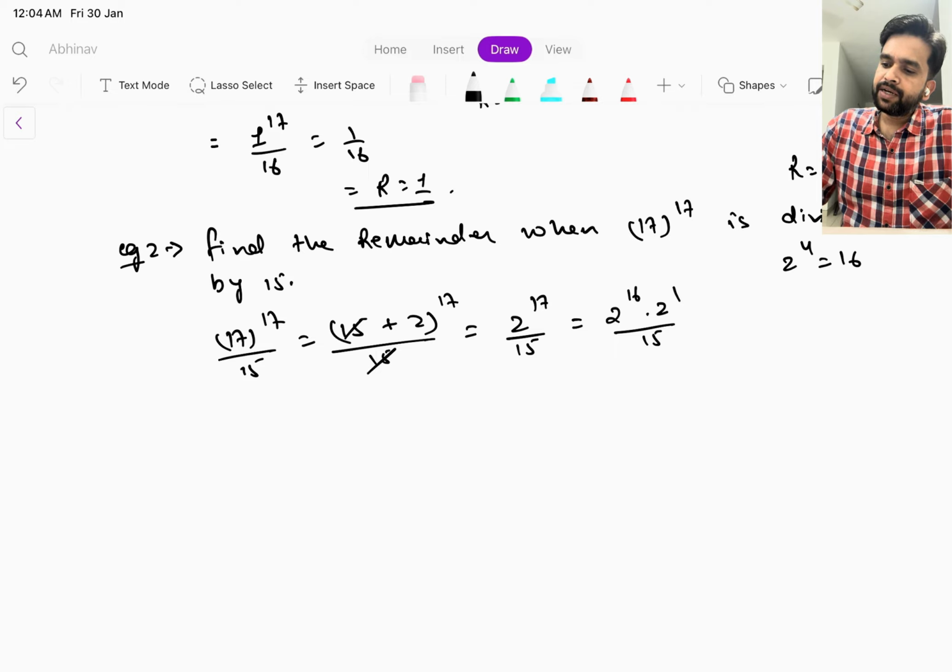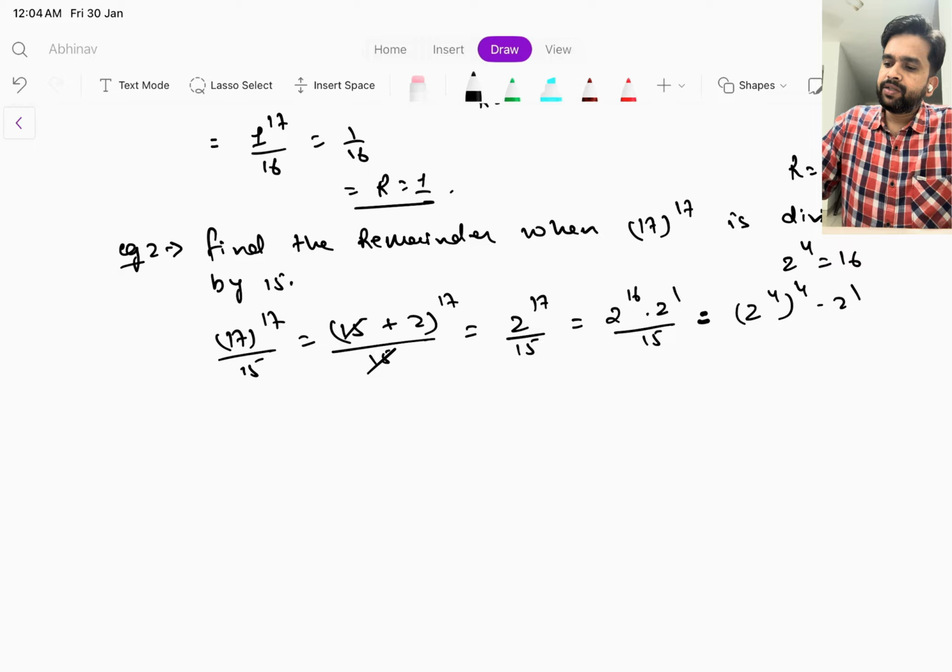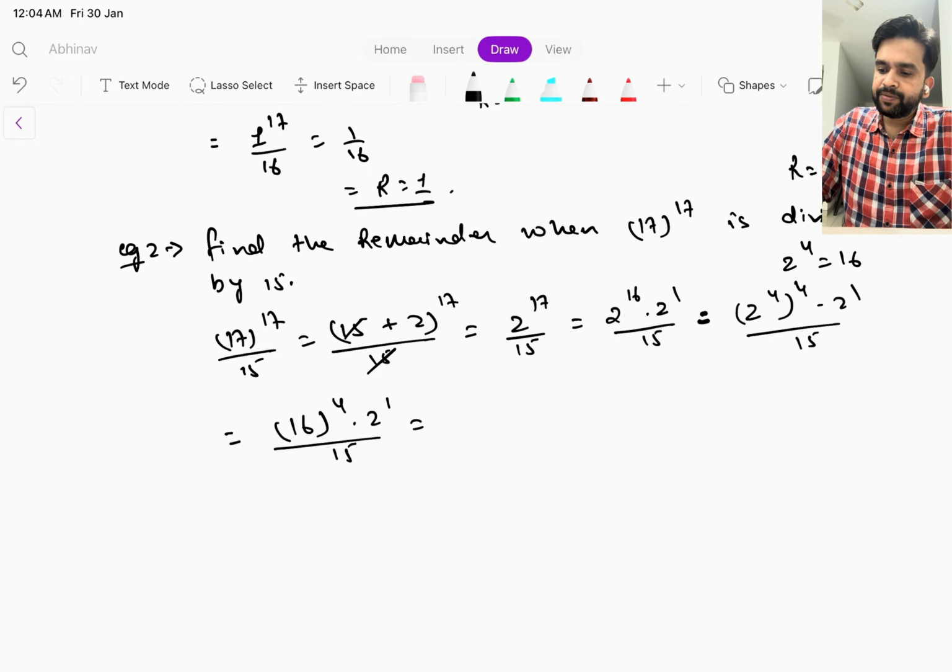So now I can write it as 2 raised to power 4 raised to power 4 into 2 raised to power 1 by 15. This 2 raised to power 4 can be written as 16 raised to power 4 divided by 15. Now again 16 can be bifurcated as 15 plus 1.